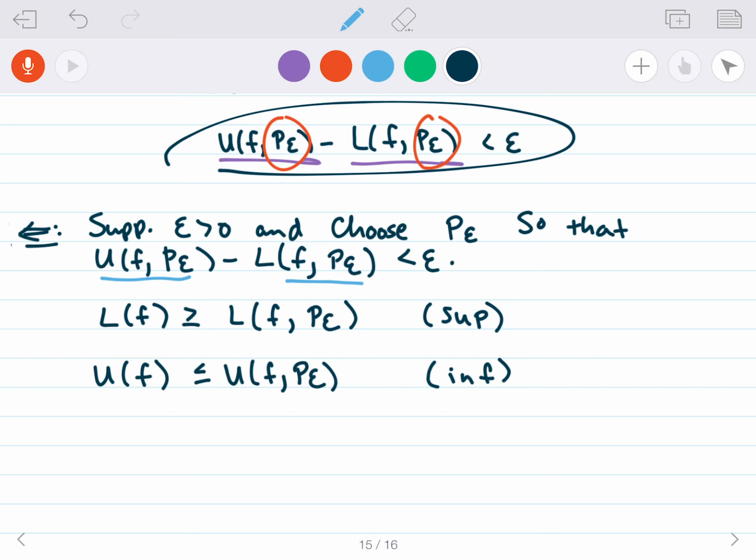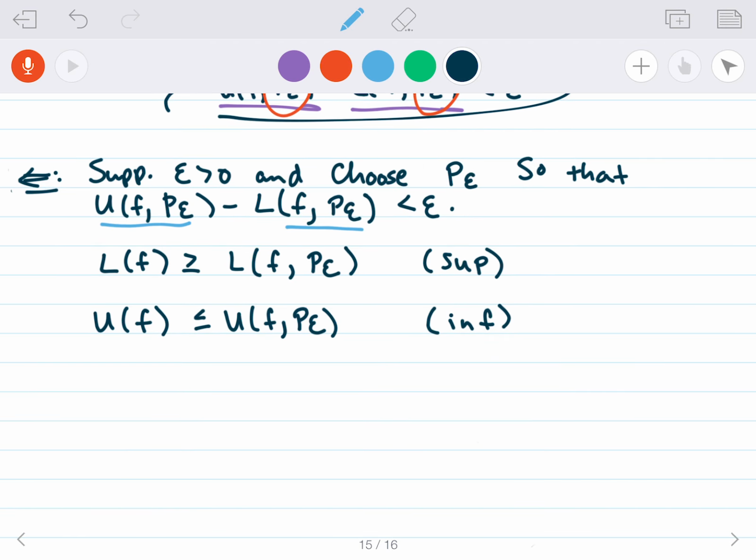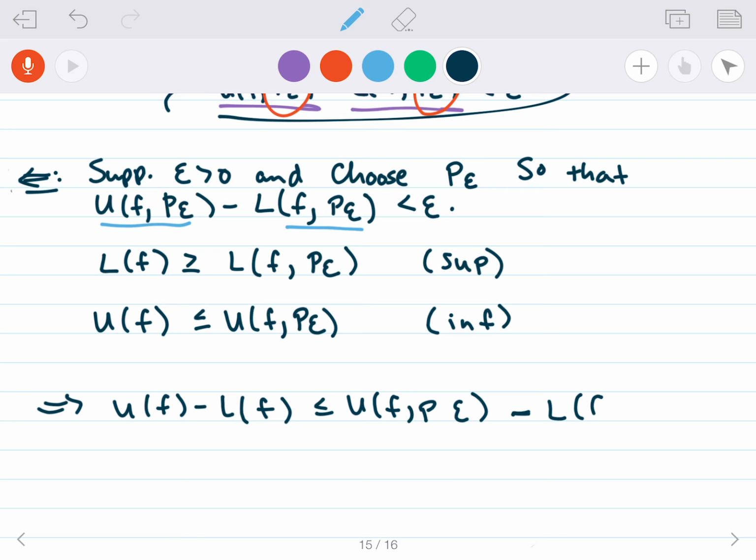And so when I combine these inequalities, if I multiply both sides by a -1 up there and add these together, this gives me that U of f minus L of f is less than or equal to U f P sub epsilon minus L f P sub epsilon.